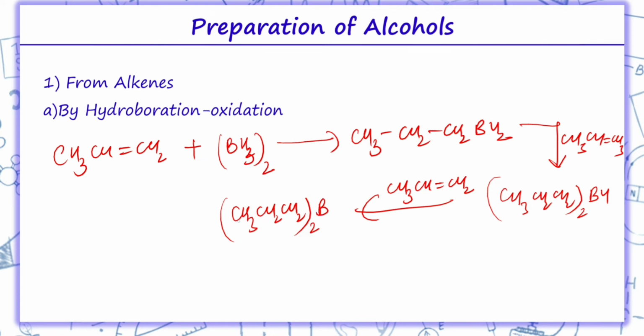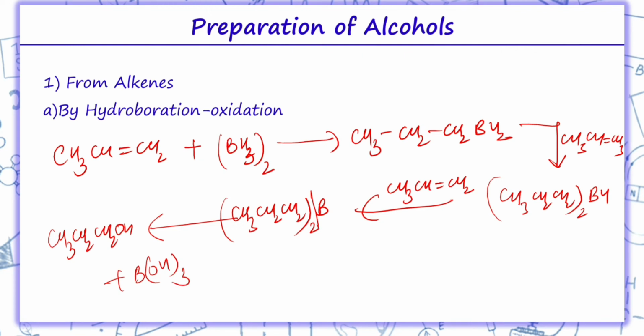Now this trialkyl borane is oxidized to alcohol. This bond breaks and it is oxidized to alcohol in the presence of aqueous NaOH and by hydrogen peroxide. Thus we get over here B(OH) whole thrice. This is how alcohols are prepared.